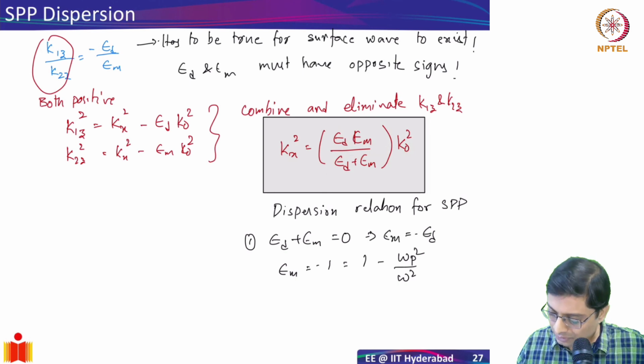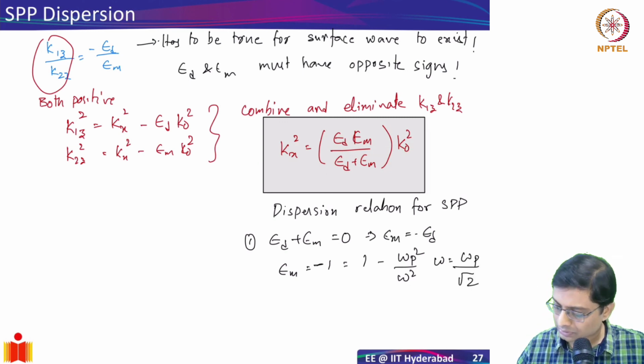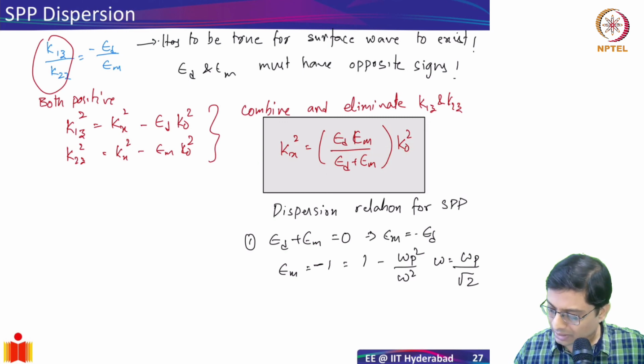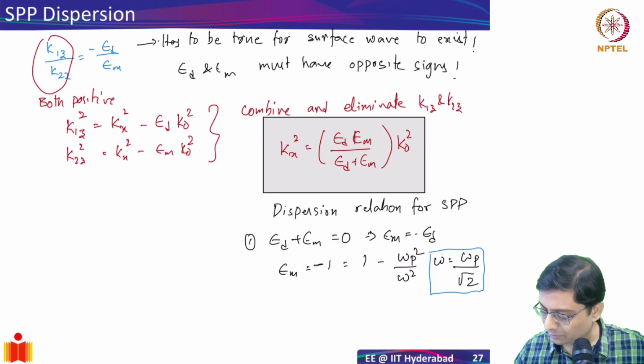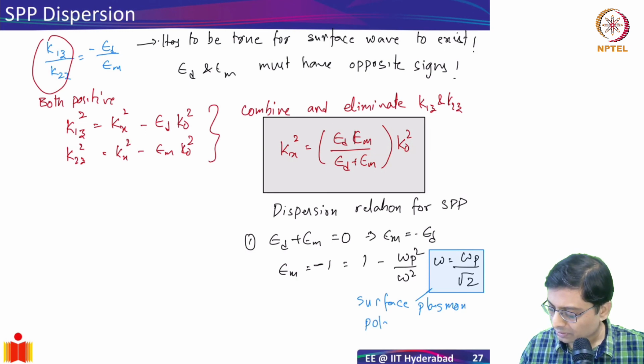So that means minus 1, right? Basically omega equals omega p divided by root 2. Whenever my frequency is equal to omega p divided by root 2, this is the surface plasmon polariton resonance frequency.